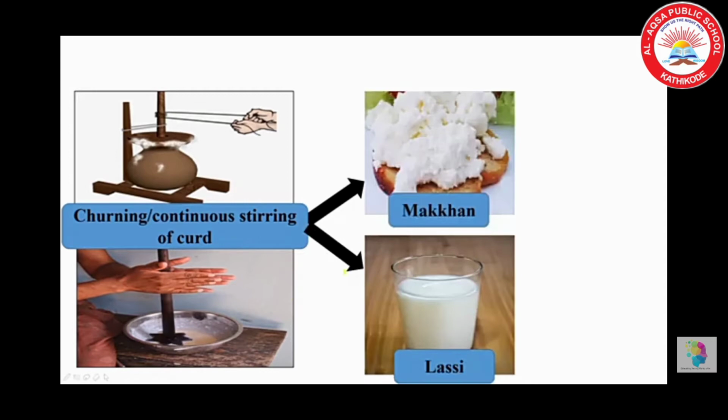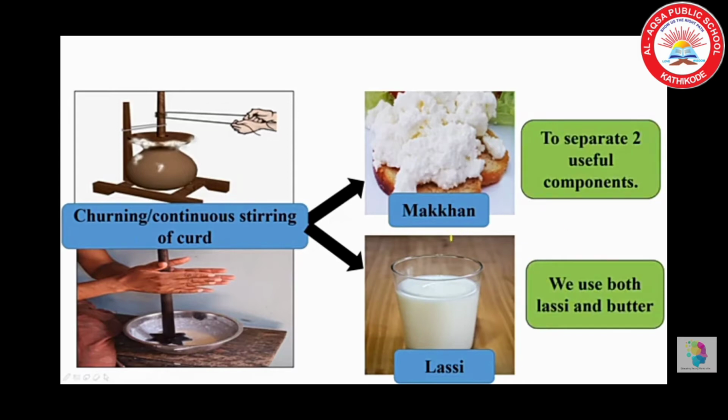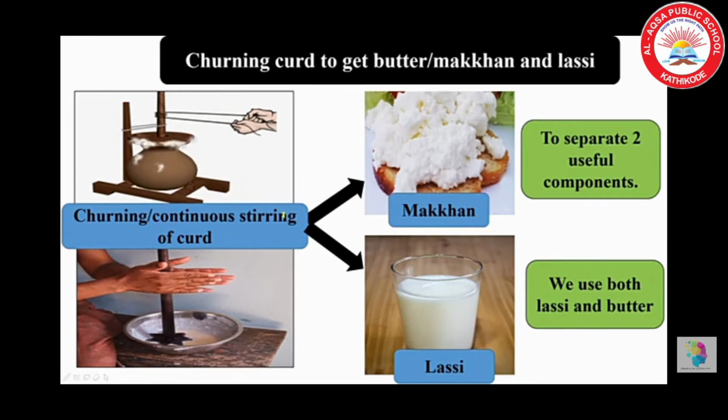Makka means butter, lassi means buttermilk. Here butter is a useful component and buttermilk is also a useful component. So churning curd to get butter and buttermilk. We use both components. Both components are useful ones.